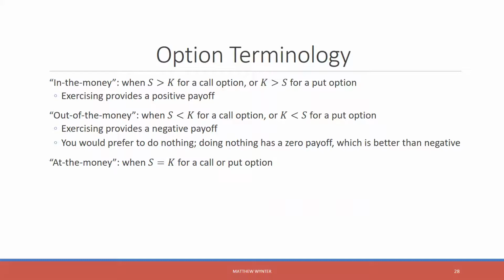If the spot market is at 160, that means that we can go to the market and buy 100 euros for $160. If $160 buys me 100 euros, why would I ever pay you $180 for those same euros? I can get it in the market for cheaper than I can get it from you. That's the intuition behind the option being out of the money.